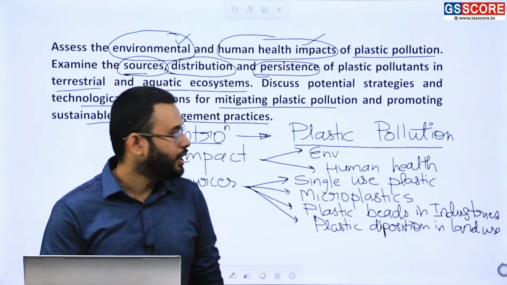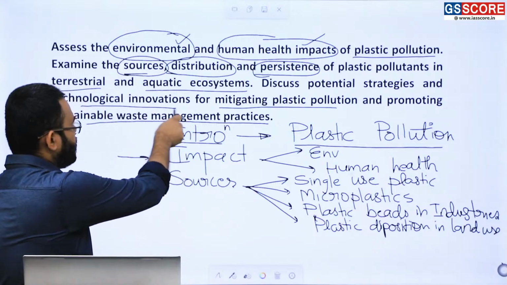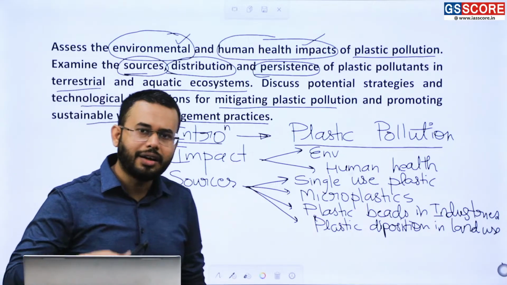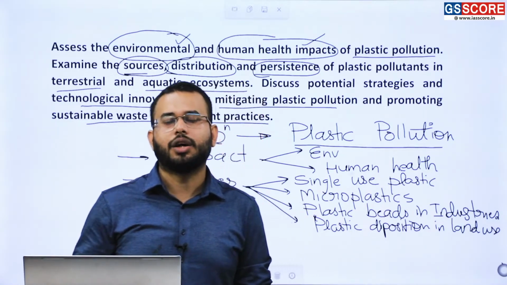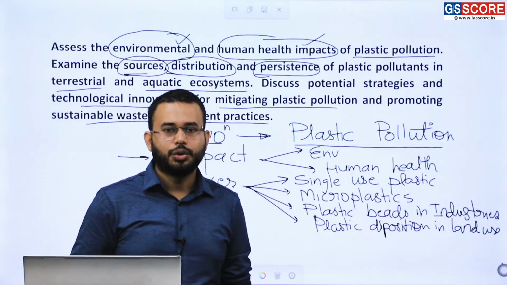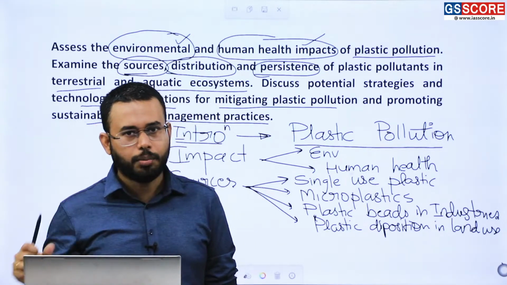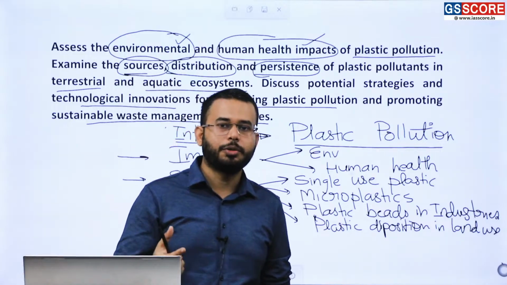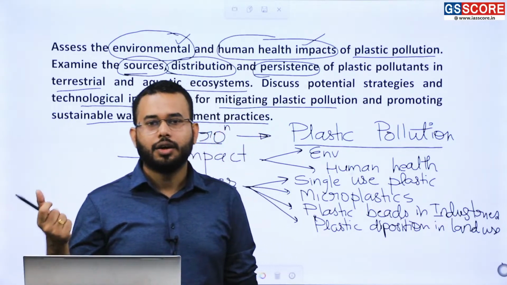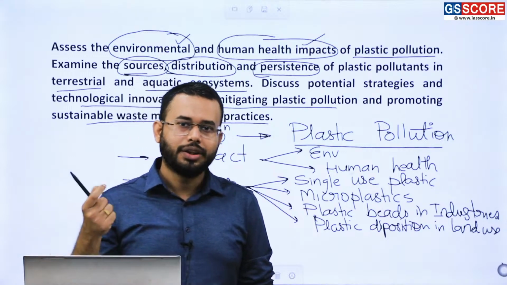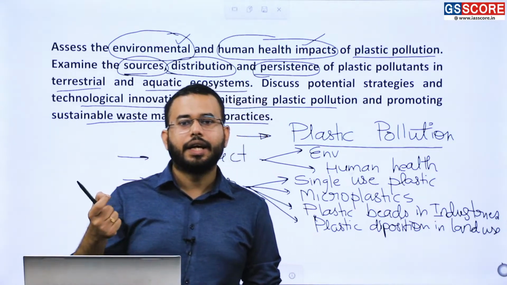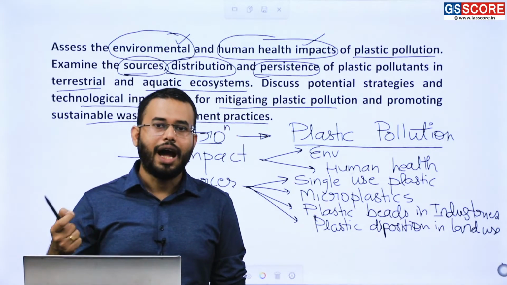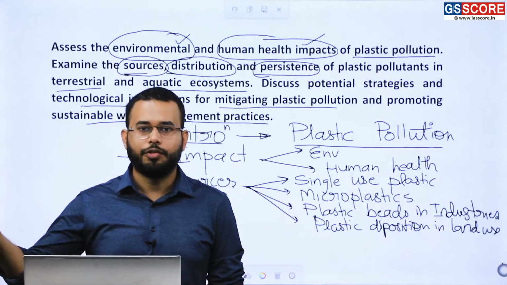So for that we need innovations for the mitigation of plastic pollution, and needless to say that requires a lot of investment. Fine. So the urban local bodies, whose primary responsibility is to deal with the waste management, they need to invest more on segregating the plastic waste and recycling it for creation of new products.